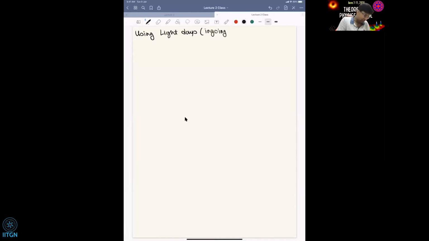Let's start with ingoing and outgoing. We found two distinct regions.